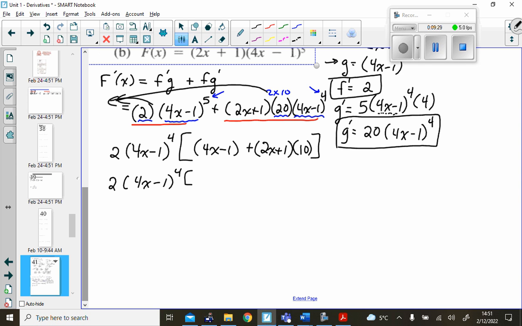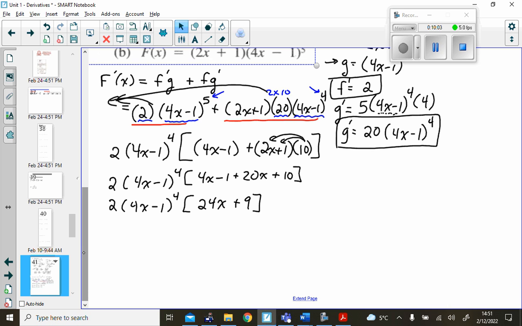I'm going to work with this inside bracket. 4x minus 1. Put the 10 on both terms. Plus 20x plus 10. Gather like terms in that square bracket. 24x plus 9.